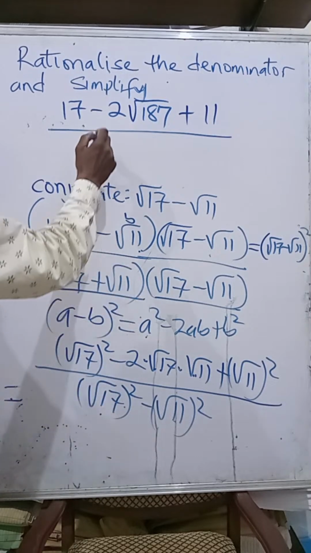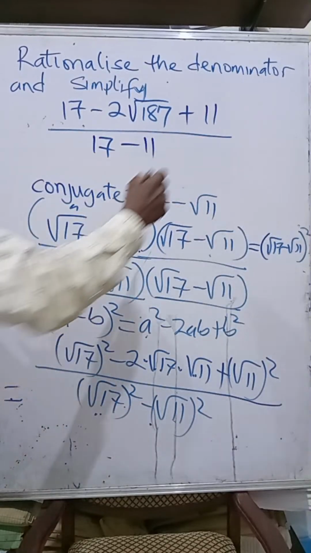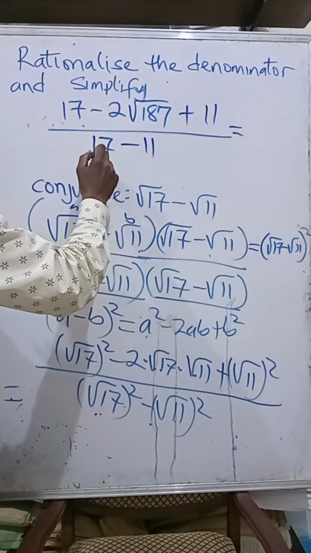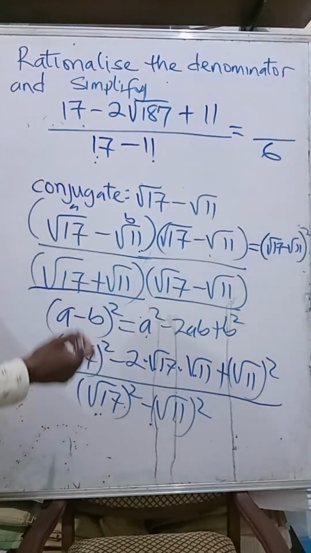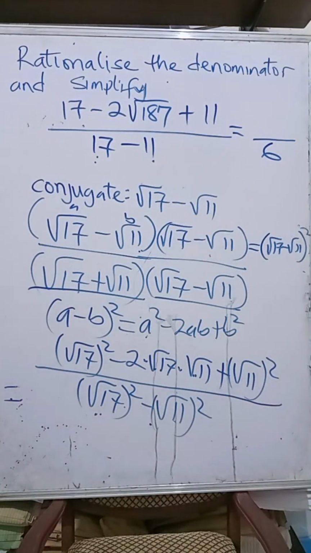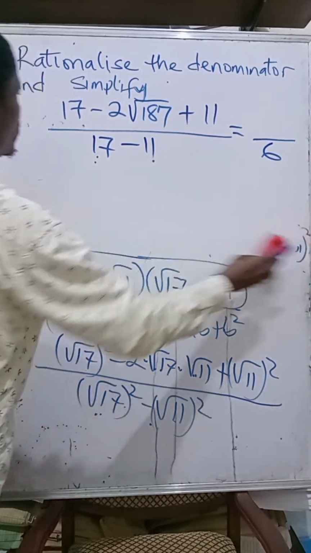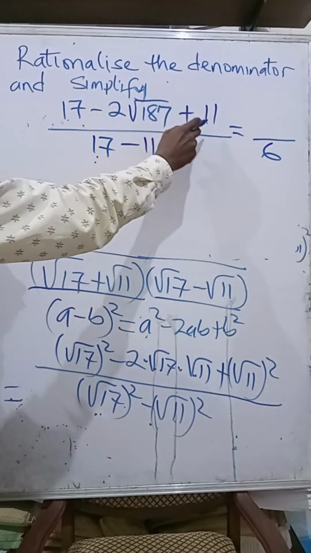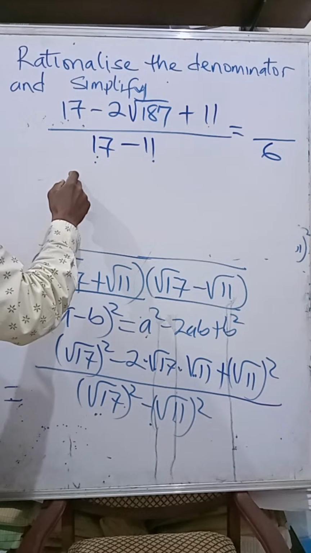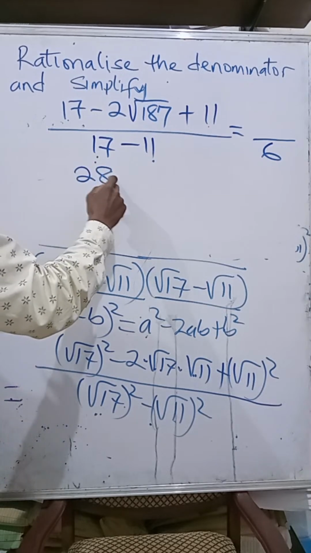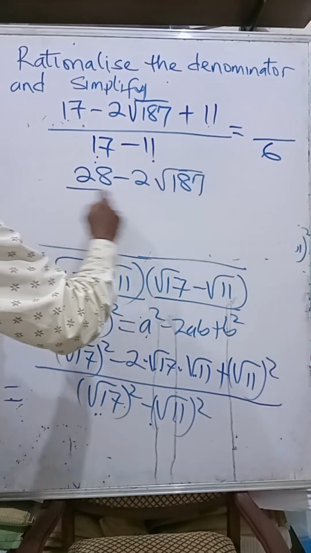Here that's 17, and this one is 17 minus 11, so we have at the denominator 17 minus 11, which is 6. Then 17 plus 11 is 28, minus 2 root 187, over 6.